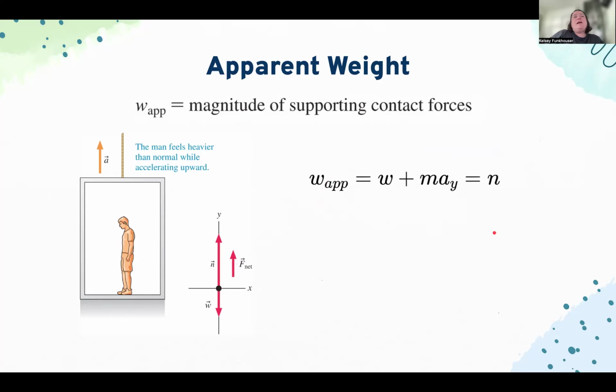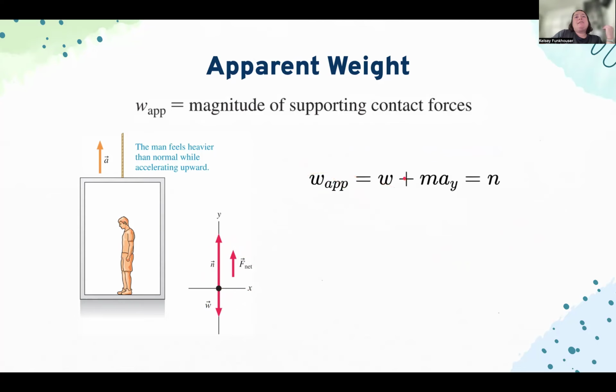So, and apologies for making you imagine this and not having it on the slide, the net force is equal to the normal force minus the weight, and net force is mass times acceleration. And to find the apparent weight, we want to solve that equation for the normal force, or the apparent weight.